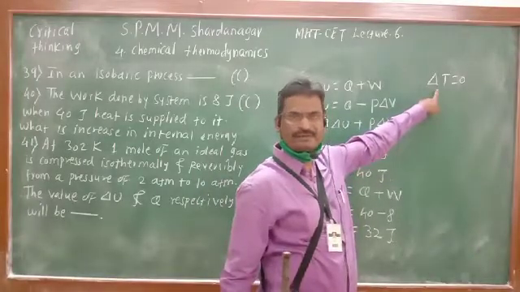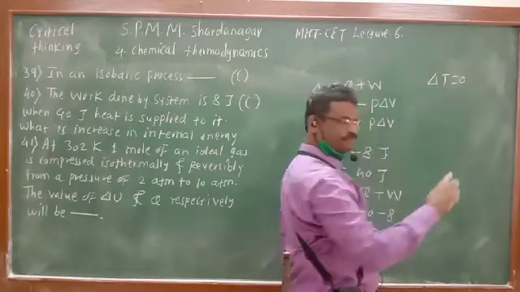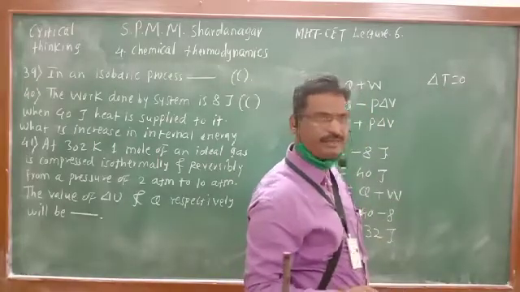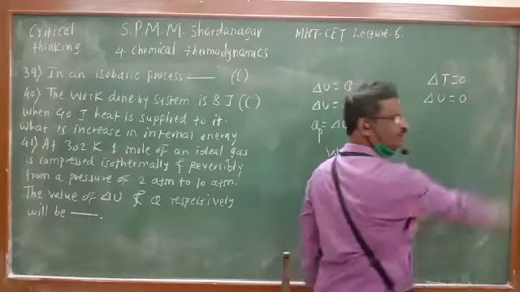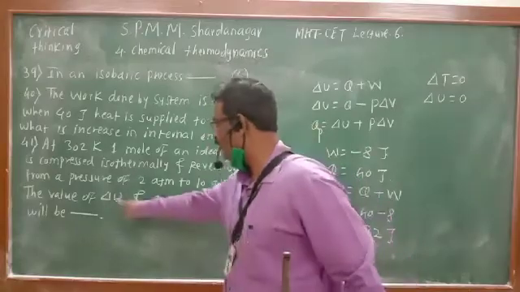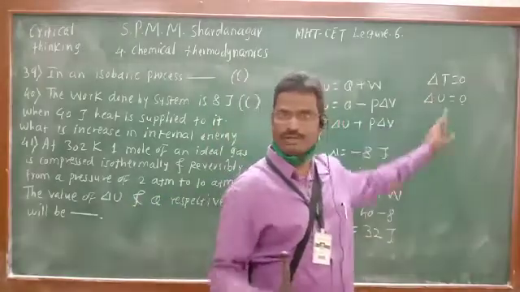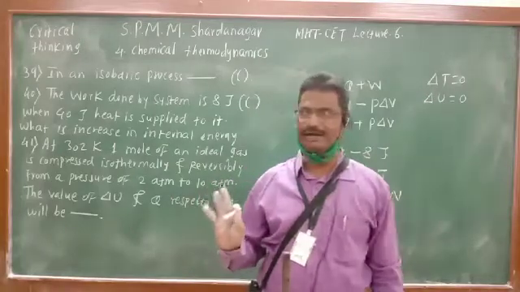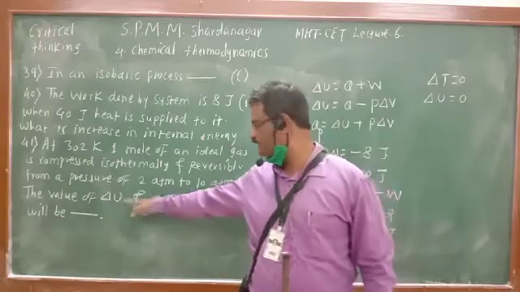Since temperature directly affects the magnitude of internal energy, delta U is also equal to 0. So without any calculation, since the process is isothermal, delta U is 0.